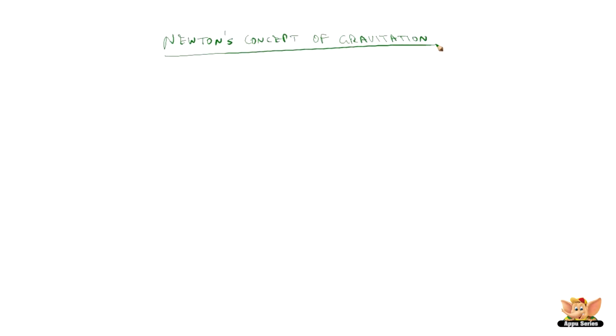Newton's concept of gravitation. The story goes that Newton one day observed an apple falling down from the tree and wondered how the apple falls to the ground. What attracts the apple to fall to the ground? Why can't it just fly off?